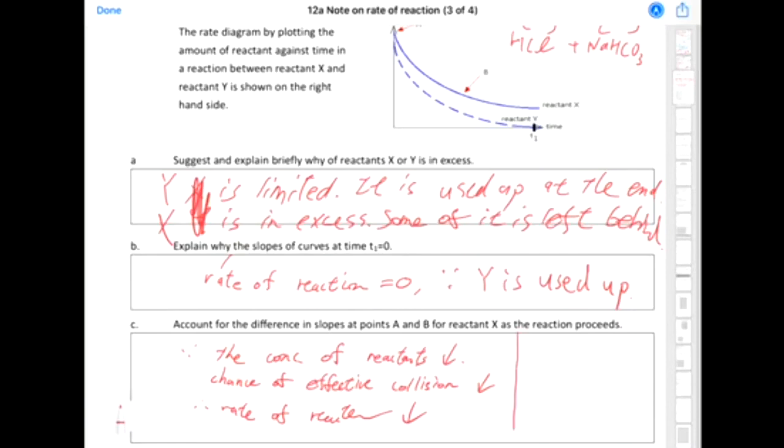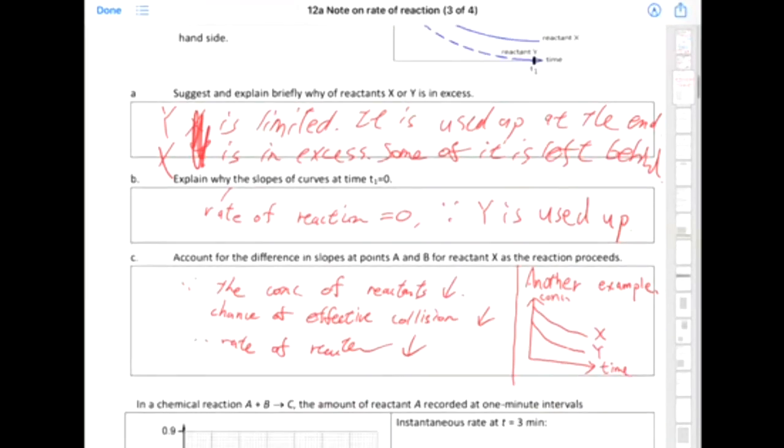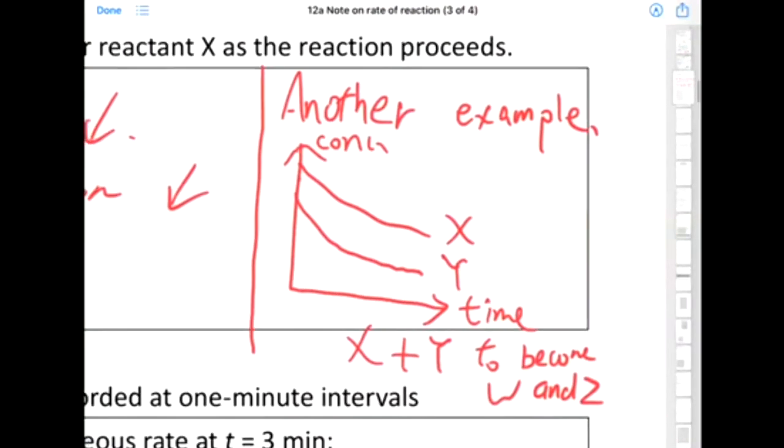If okay, then I can give you another example. And you think of the meaning of this graph. The first question is, are they X and Y reactants or product?